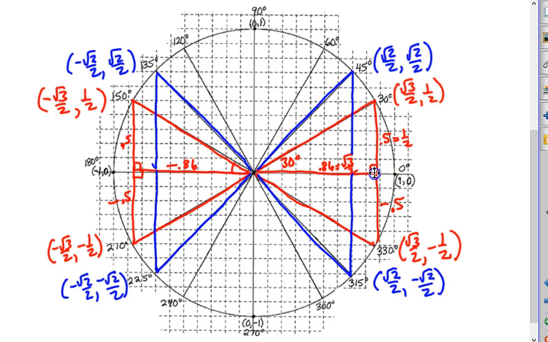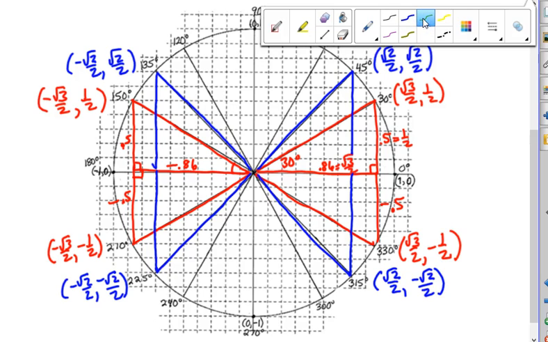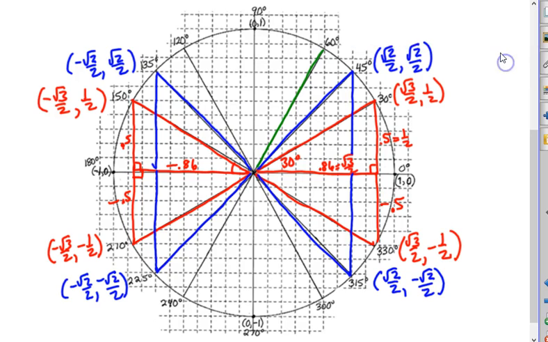I'm going to change that to green. So the coordinates switch place from the 30 degrees, so now we have 1/2, square root of 3 over 2. When we go into quadrant 2, the x value becomes negative.